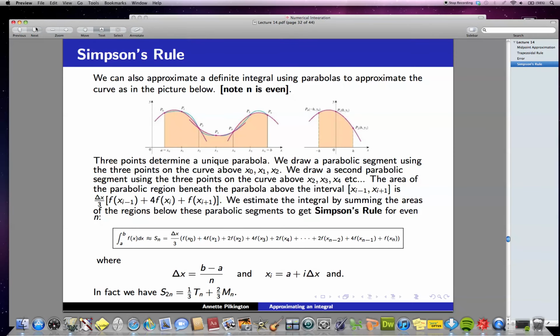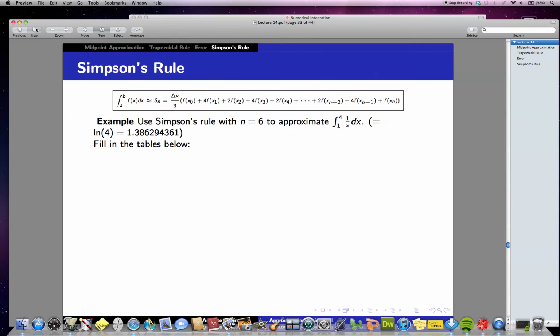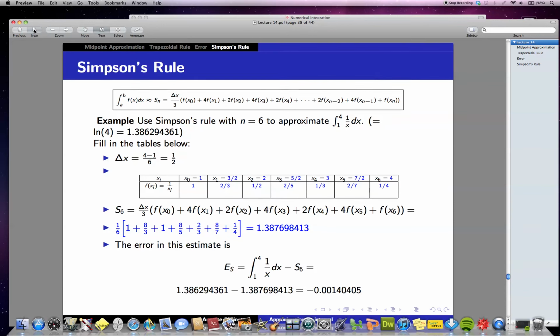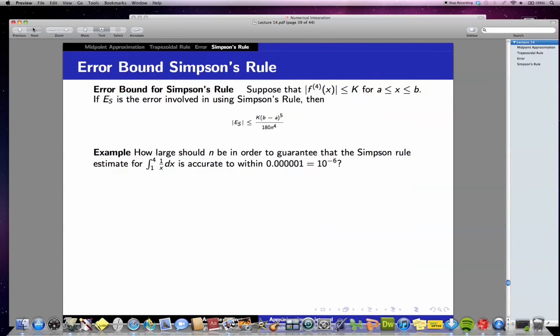Again, we have upper bounds on the error for Simpson's rule, so in class we'll apply the formula using a table, and we'll think about the error, and we also have an upper bound for the error.